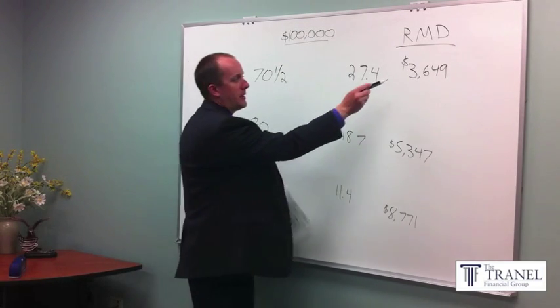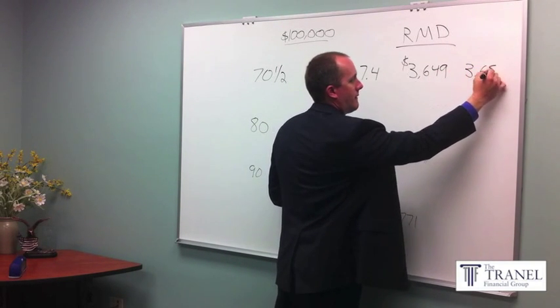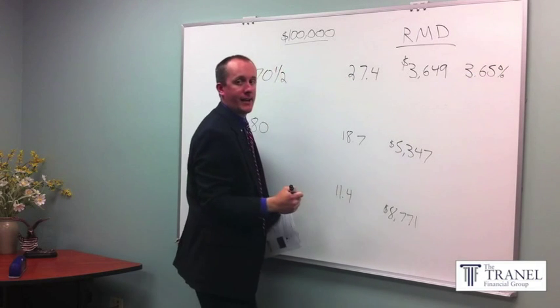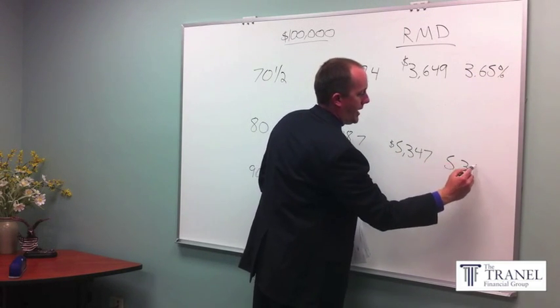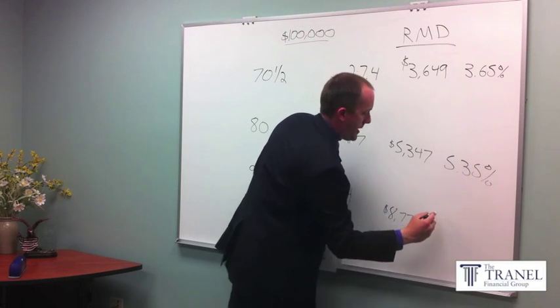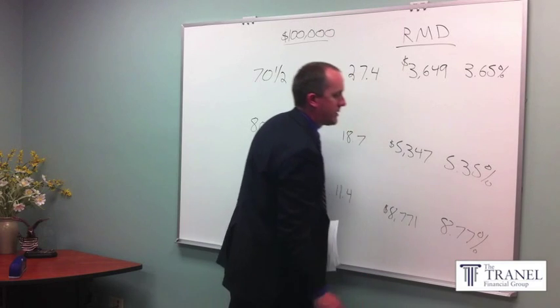For example, this is easily seen as 3.65% of the account value. This is, of course, 5.35%, and this is 8.77%.